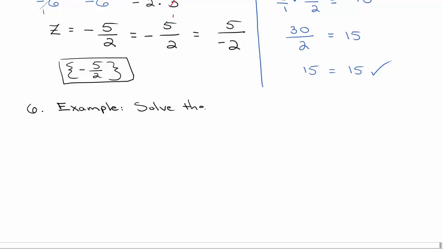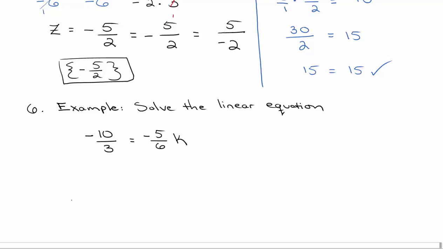Solve the linear equation -10 thirds is equal to -5/6k. All right, we're trying to isolate the variable, which is the k.